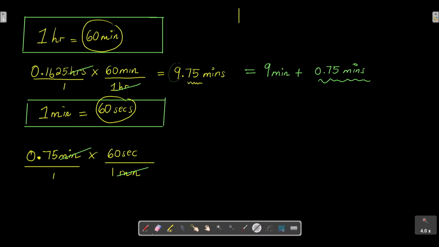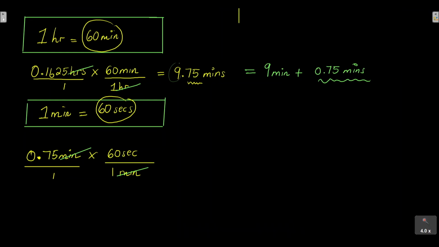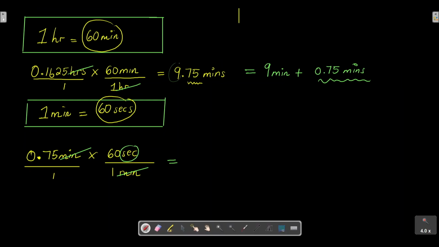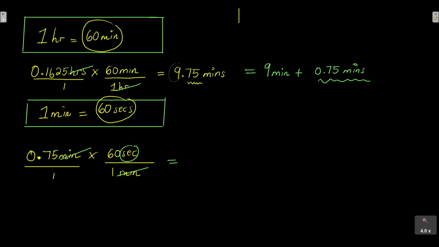The answer we'll get will be in seconds. If you punch 0.75 multiplied by 60 into your calculator, you'll get 45 seconds. Meaning that it is actually 9 minutes and 45 seconds.